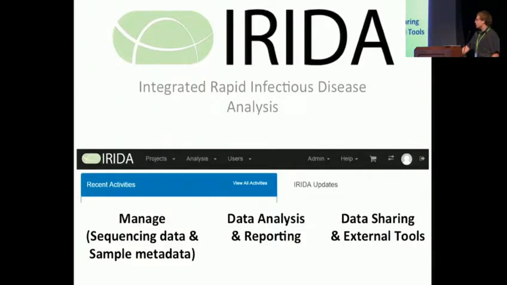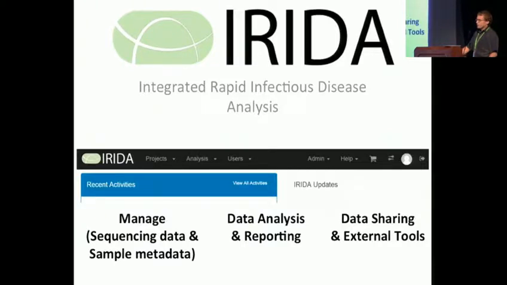So this is where our project IRIDA started from, Integrated Rapid Infectious Disease Analysis. What we set out to accomplish with this project is to develop a system for managing, in particular, whole genome sequence data and sample metadata.